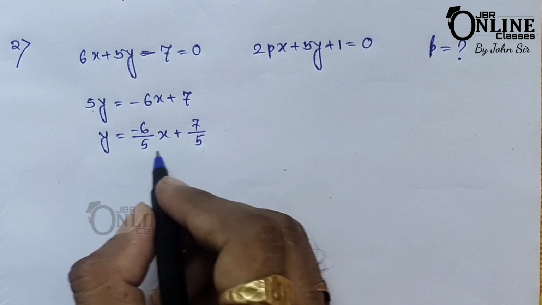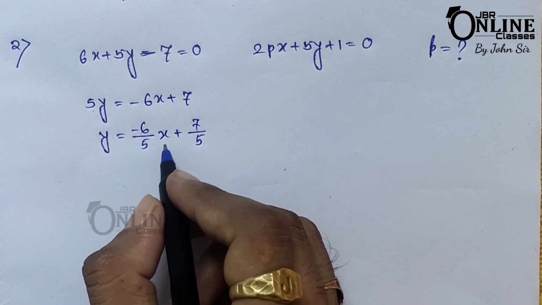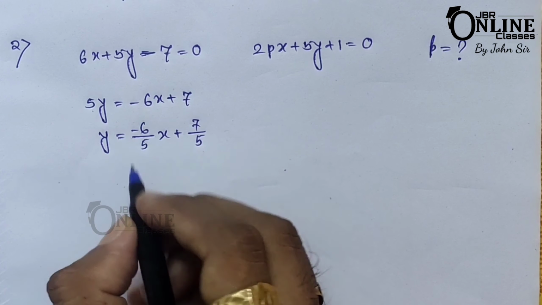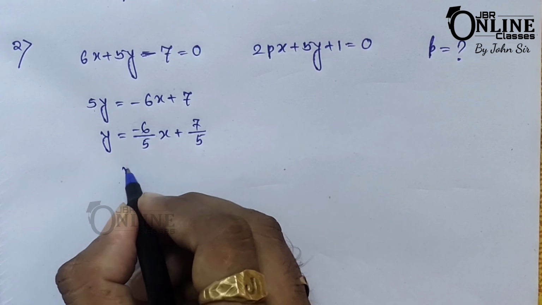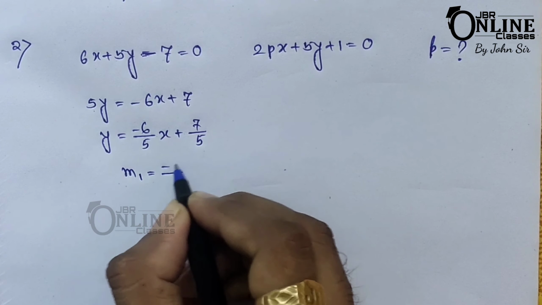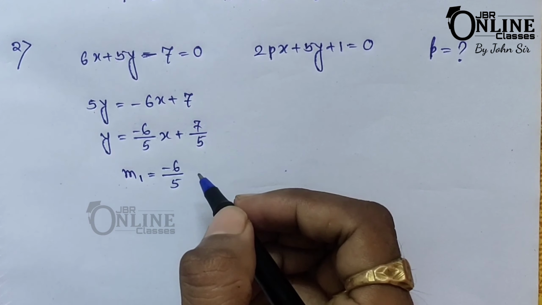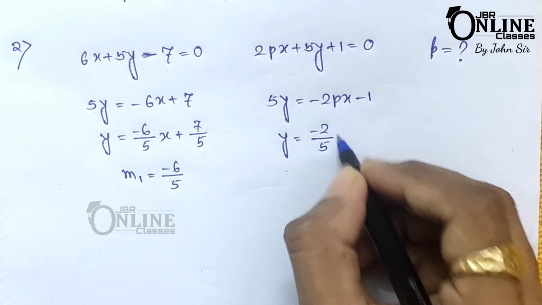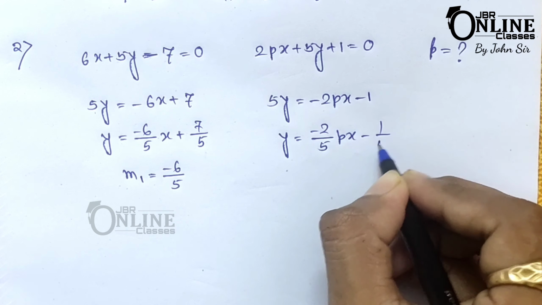Now you can easily compare this equation with y equals mx plus c. So m1 equals minus 6 by 5. Now in the next equation, 2px plus 5y plus 1 equals 0, so 5y equals minus 2px minus 1, and then y equals minus 2 by 5 px minus 1 by 5.